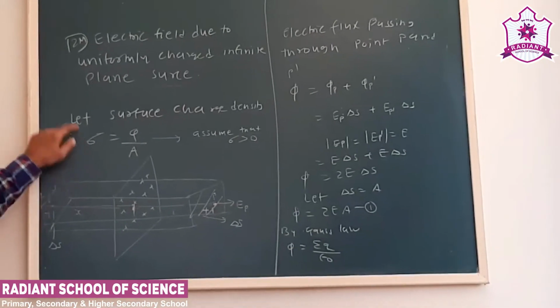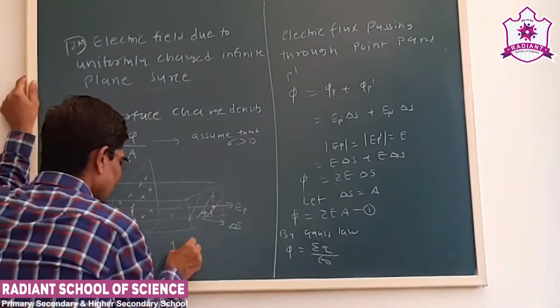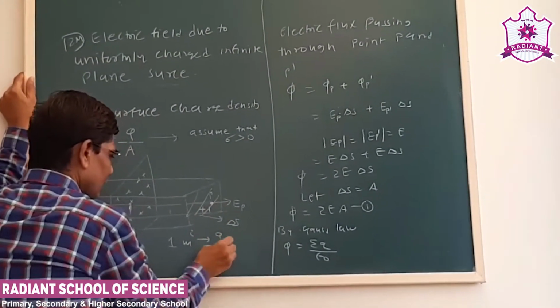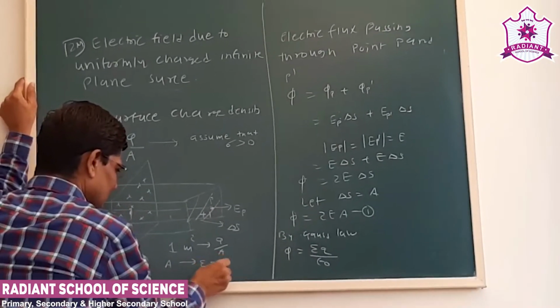Sigma is the surface charge density, so in 1 meter square, the charge is q upon A.